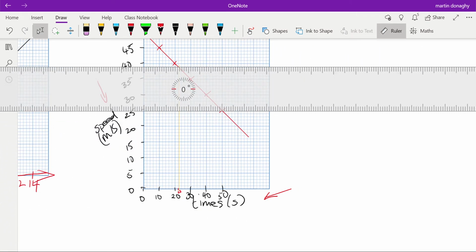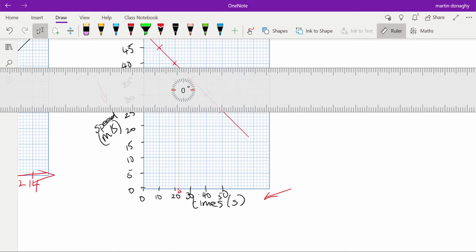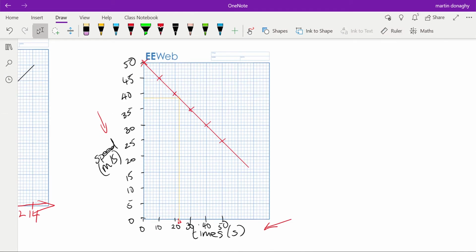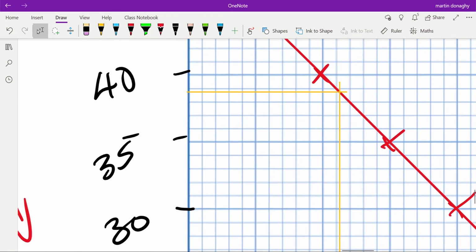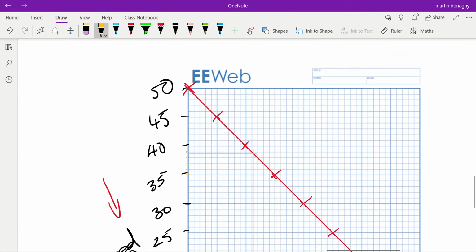And do the same thing then where it hits this line, and we're getting that it is at about, well, this is 35, so there's 5 meters per second between there, and there's 5 squares. So therefore each of those squares is worth 1. So if we do 35 here, this is 36, 37, 38, and that's at about 39 if I've drawn it properly.